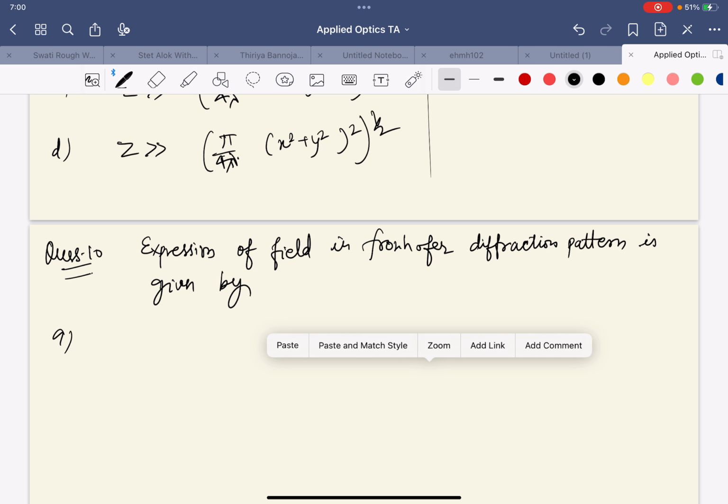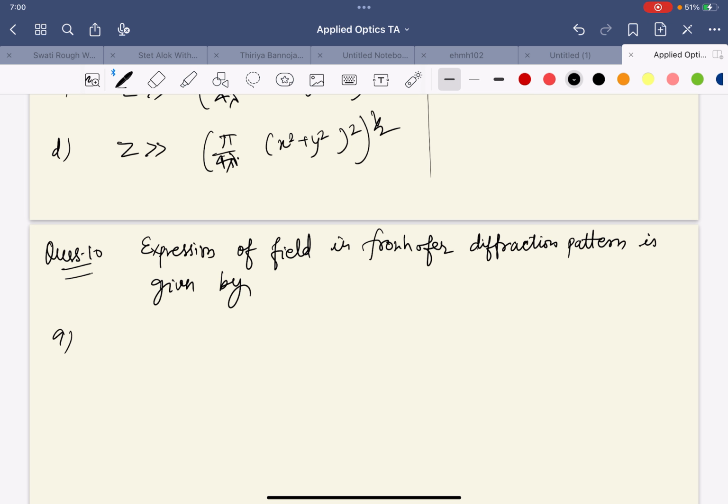You know this: in Fraunhofer diffraction, the expression for the electric field in the far field diffraction pattern can be derived using the principle of wave optics. Fraunhofer diffraction occurs when light passes through an aperture and the observation is made at a large distance from the aperture, where the wavefront can be approximated as planar.